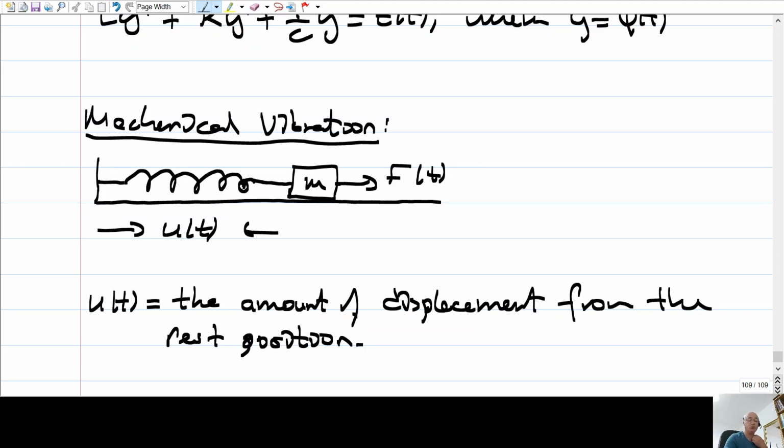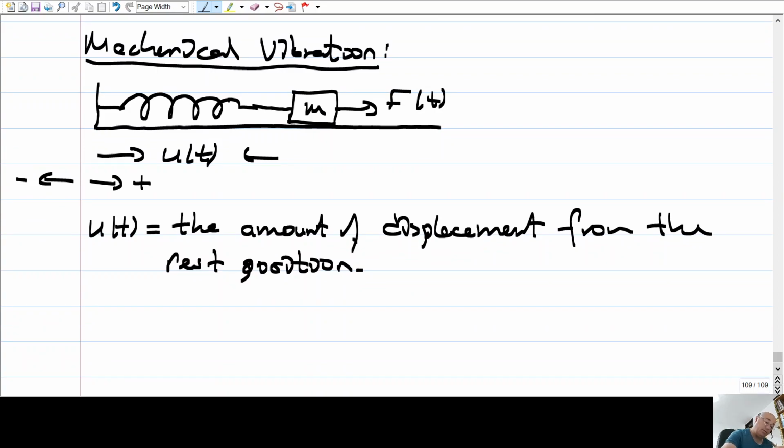In other words, the spring is not stretched or squeezed. It's in the relaxed position, and u(t) is the amount of displacement from that position. It can be positive or negative. Let's say this is the positive direction and this is the negative direction for u(t).